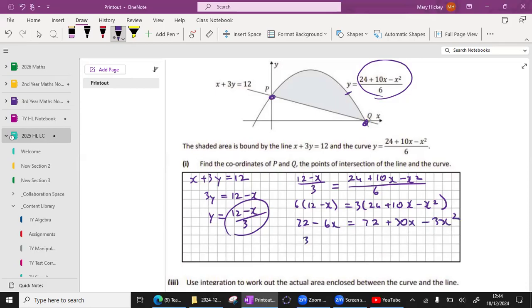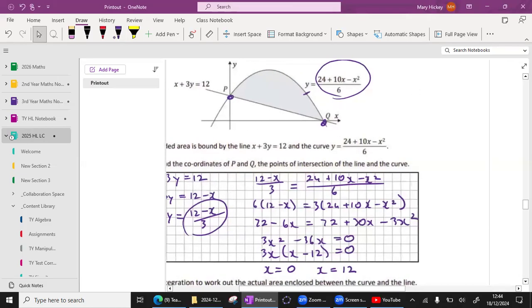Now, putting that together, we have 3x squared minus 36x equals 0. So just use my null factor theorem here, and I'm left with 3x times (x minus 12). So 3x is 0, which means x is 0, and x is 12.